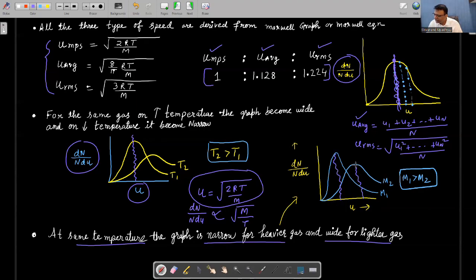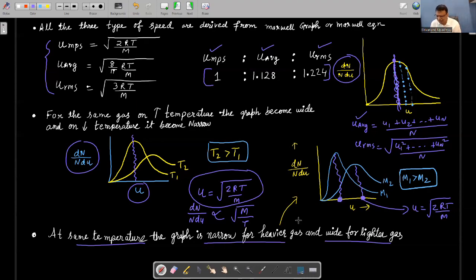You know that this speed is more, and the temperature is the same. So you can write that speed is equal to under root 2RT by M. If this speed is more, definitely this mass will be less. So this is for the lighter gas and this is for the heavier gas.